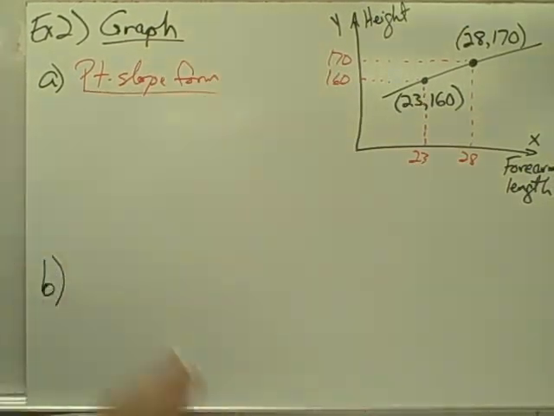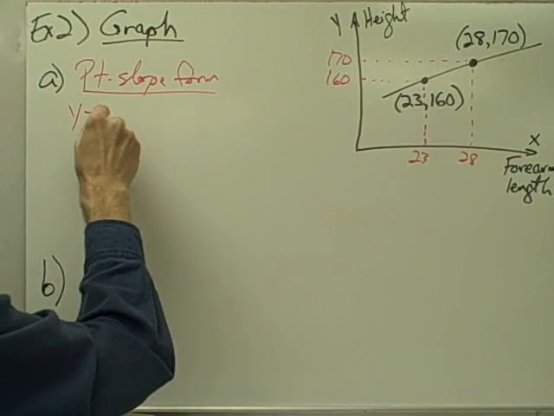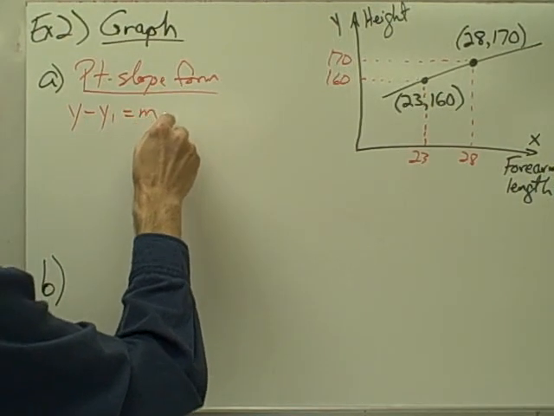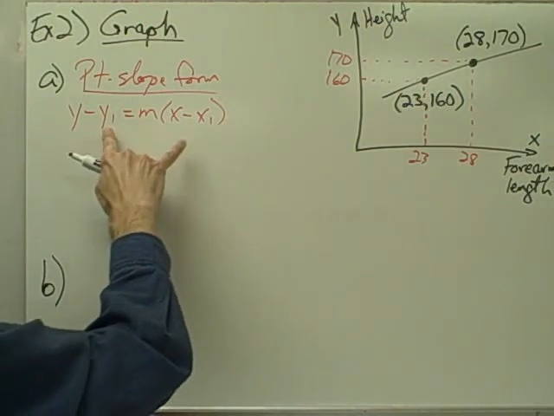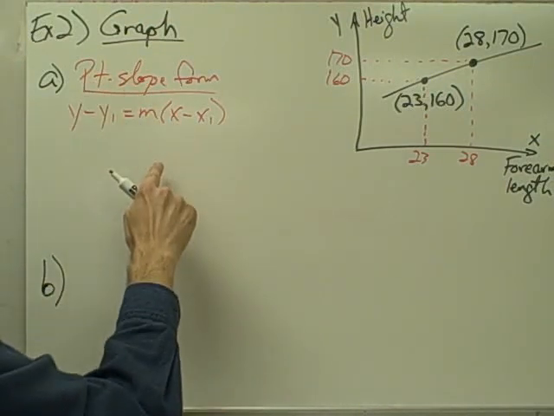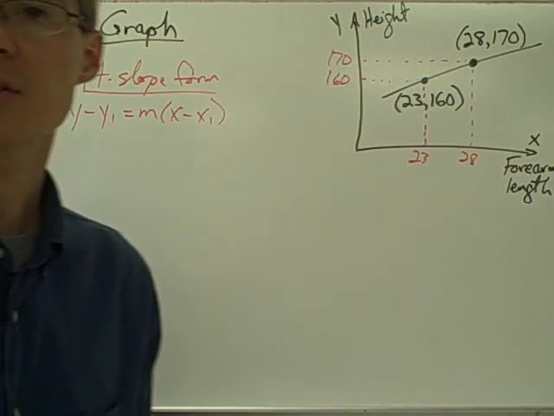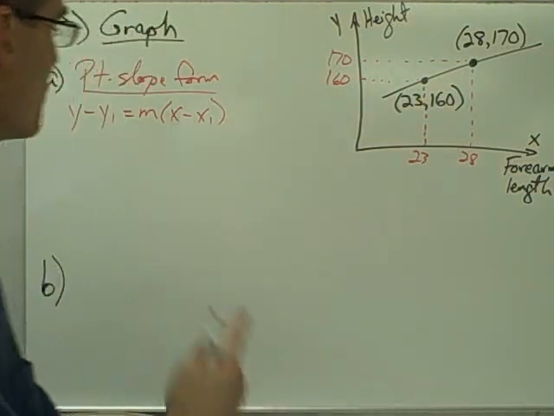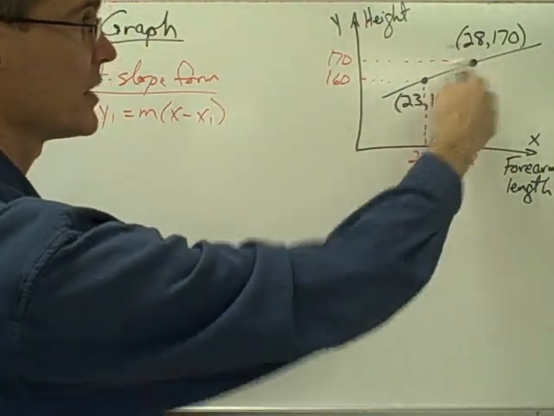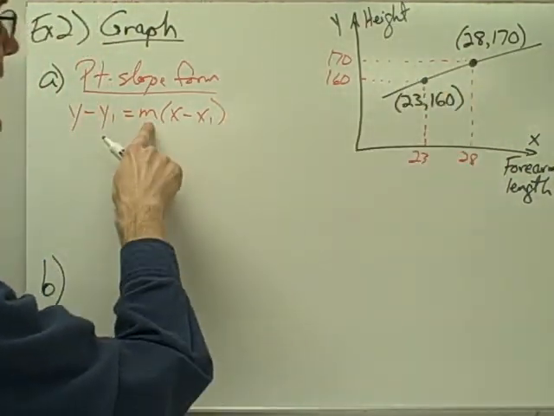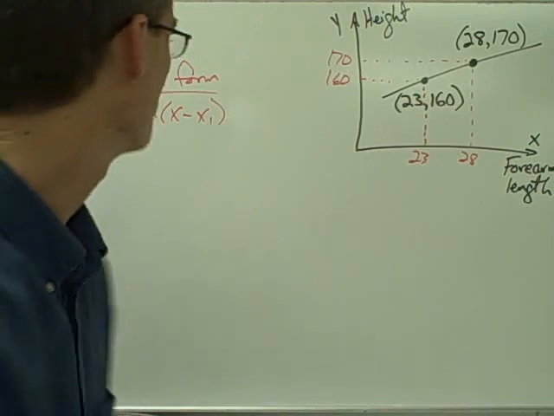And remember, the point-slope form of the equation of a line looks like y minus y1 equals m times x minus x1. Well, if I have a point and a slope, then I can just plug my point and my slope into this form, and I can come up with my formula. Well, I have a point. In fact, I have 2 points, so I can use either one of those points in my equation. Now I just need to come up with the slope.